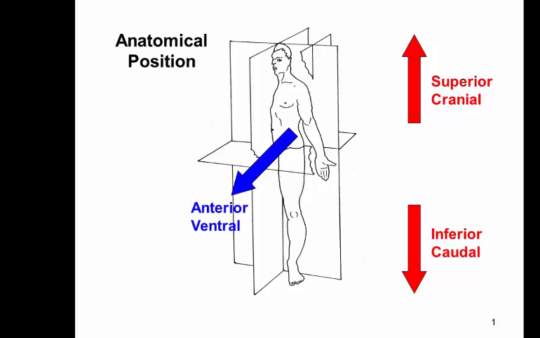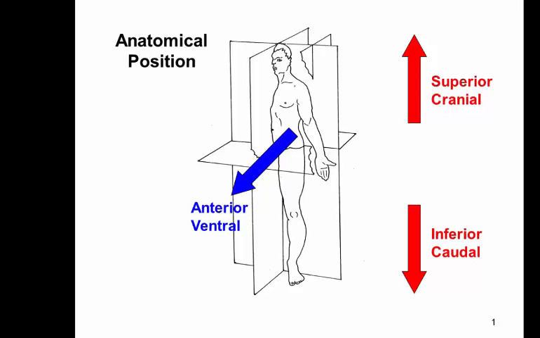The next set of terms that we're going to come to are anterior and posterior. The terms anterior and ventral can be used interchangeably, and these refer to structures towards the front of the body. So the sternum, or the breastbone in front of your chest, is located anterior to the heart.